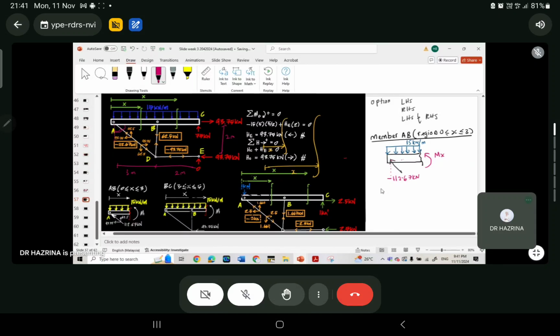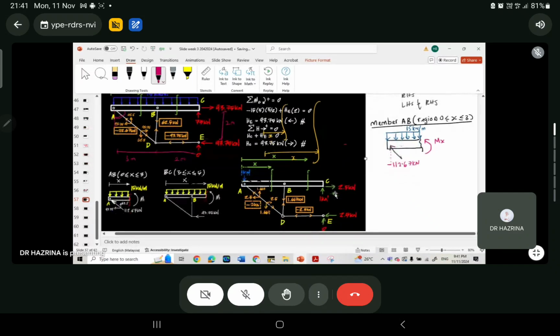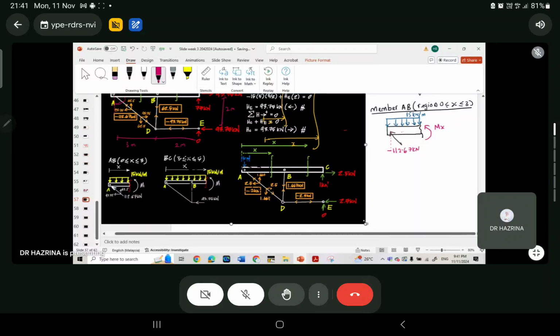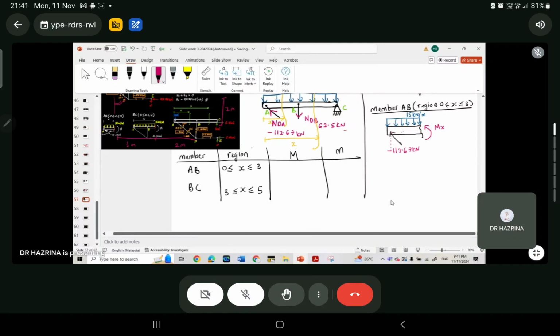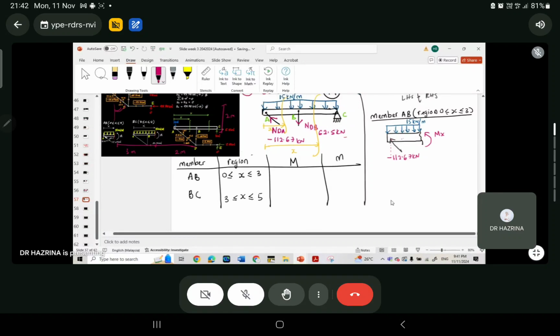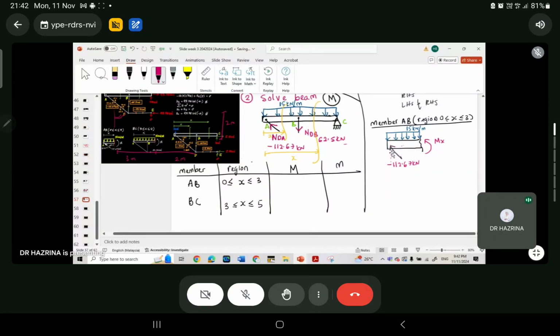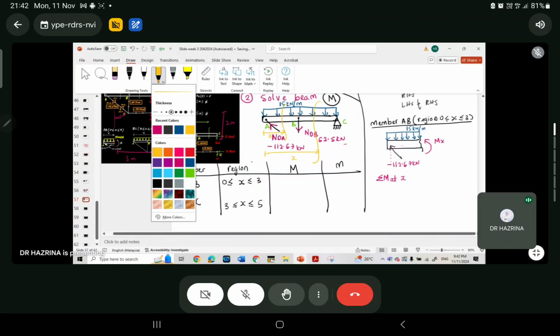So anyone, what did you get? Tadi salah soalan. Okay. Cuba cari dulu berapa ni equation dia. So maksudnya untuk sini, you akan dapat summation moment at x because your x is calculated from here to here.